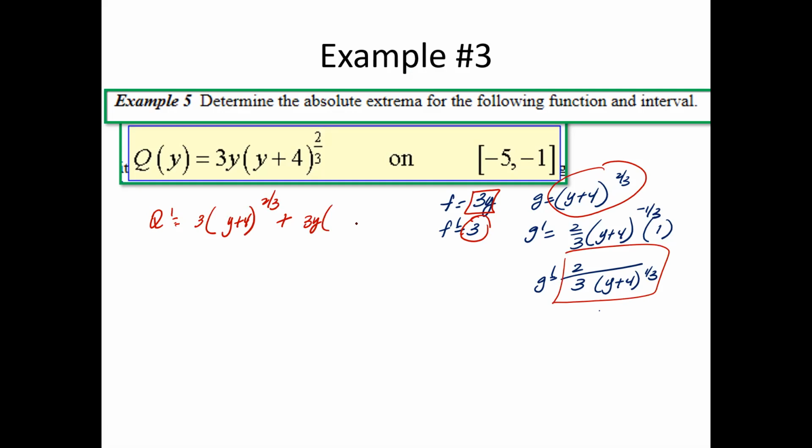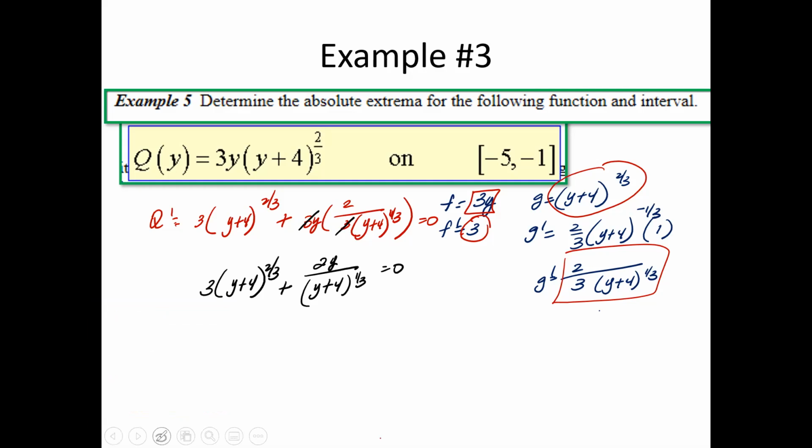So that's 3y times 2/3 (y plus 4) to the 1/3 equals 0. I want to clear this up a little bit because ultimately I'm going to try to find y, and as it looks right now, that doesn't look very pleasant to find. So my 3 here and the 3 here cancel. Then I will have 2y over (y plus 4) to the 1/3, and on the left side, 3 times (y plus 4) to the 2/3.